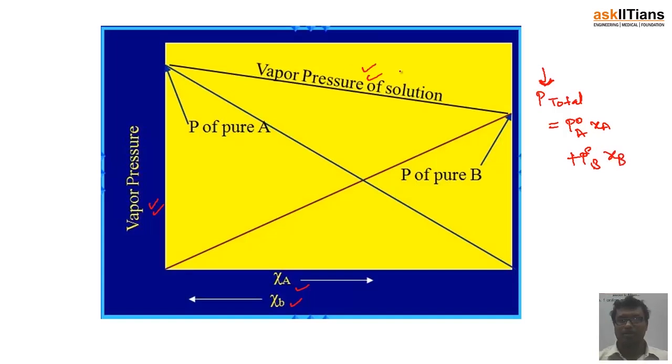The vapor pressure of the solution is P total, right? If we plot a graph between mole fraction of A and vapor pressure, this is the kind of graph you will get. This point is nothing but the vapor pressure of pure A, and this is the vapor pressure of pure B, right? This graph is important for all the examinations.